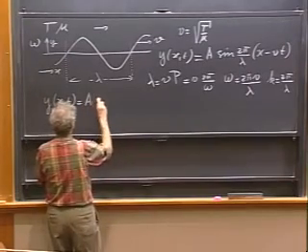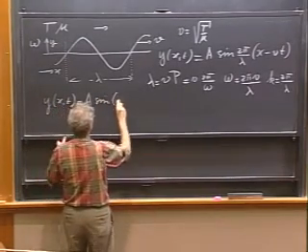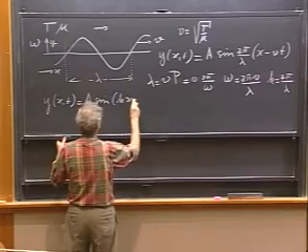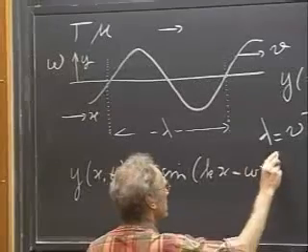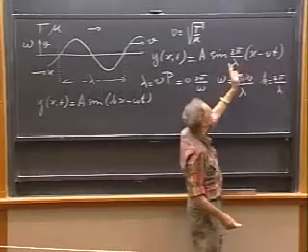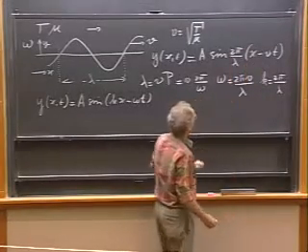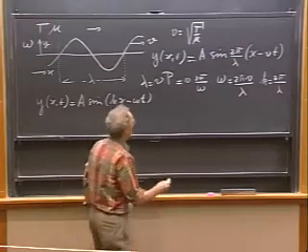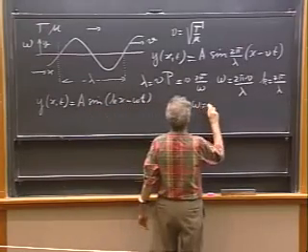That would now be A times the sine of (kx minus omega t). Notice the 2 pi over lambda becomes k, so that is kx, but omega is always k times v.